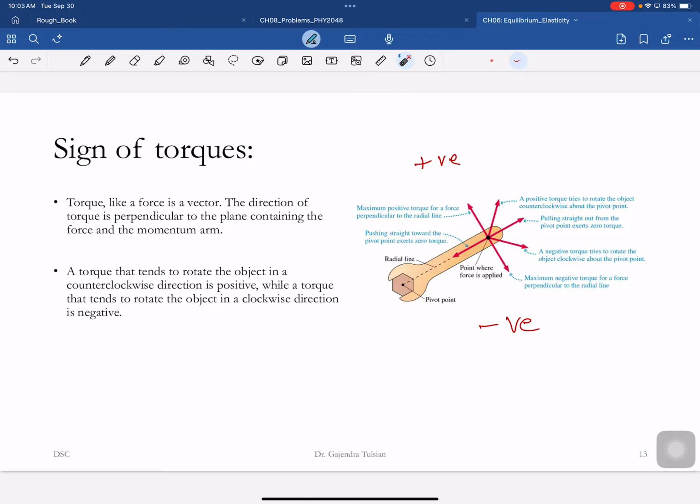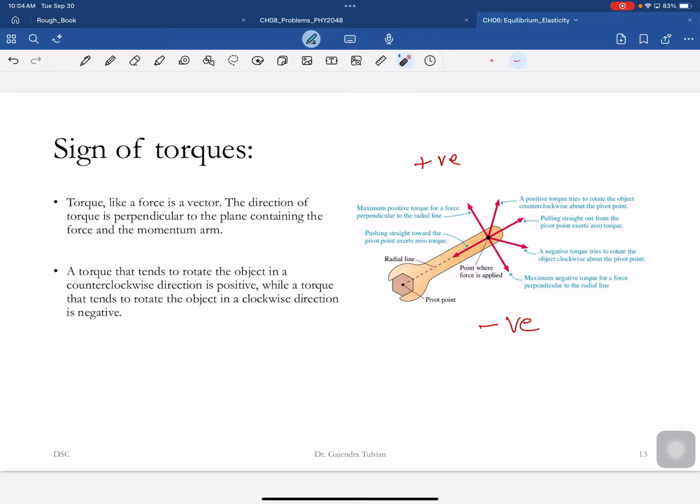There's the r vector, there's the force vector. If you turn from r to the force, that gives you the direction of the torque. Anyway, the direction is perpendicular to this plane, and that's all you have to remember.